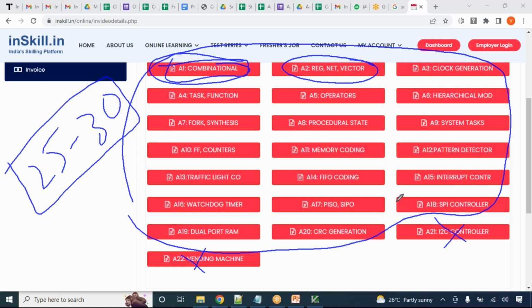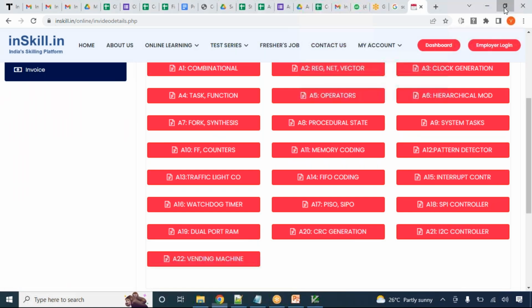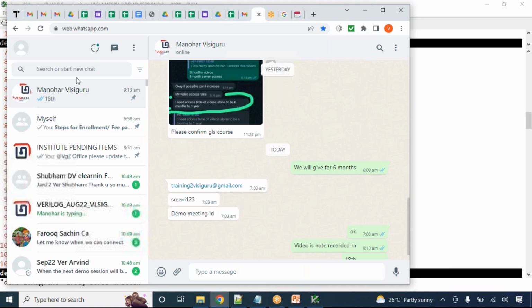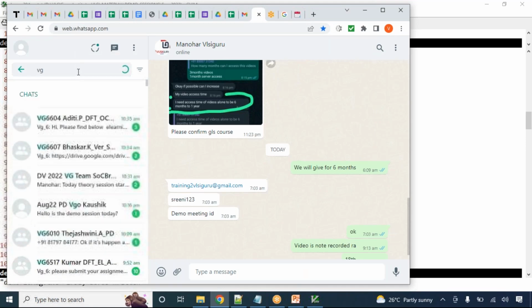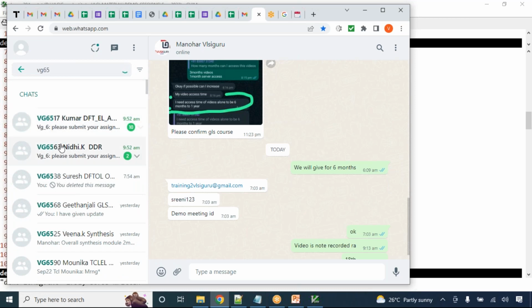The third thing that we do is, for every student who enrolls into the course, we create an individual WhatsApp group. Every student is given one ID and we create one individual group for every student with the course names they have enrolled for.